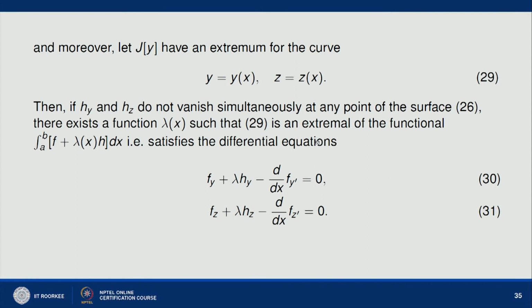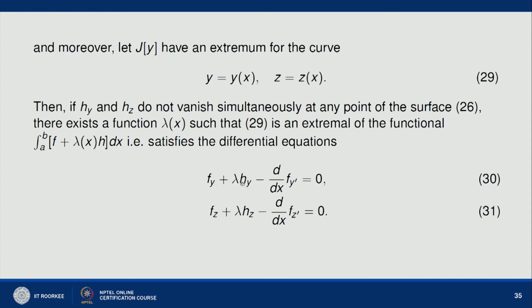Then there exists a function lambda of x such that the curves y equal to y of x and z equal to z of x are an extremal of the functional integral from a to b of f plus lambda of x times h dx. So it means that provided h has a non-zero partial derivative with respect to y and z, then there exists a lambda of x such that this f plus lambda x h satisfies the Euler's equation.